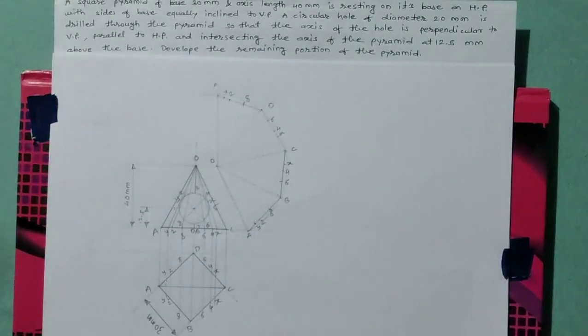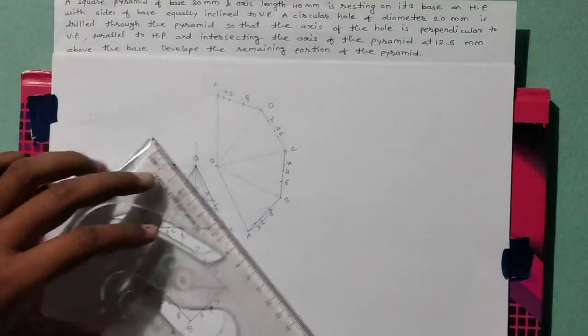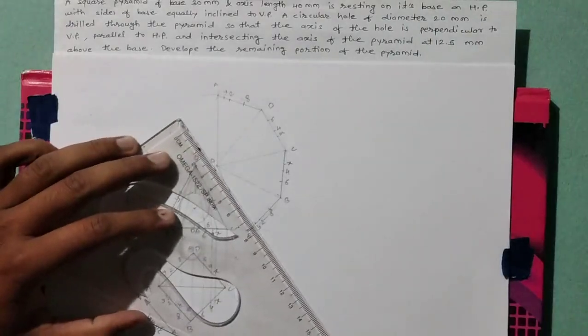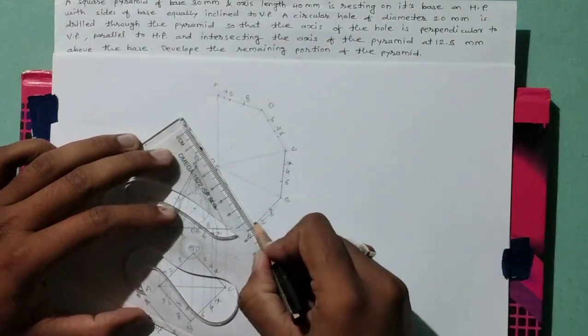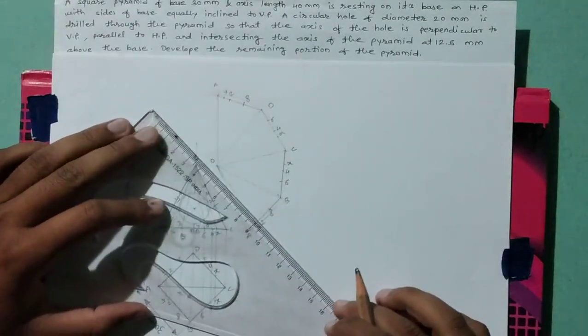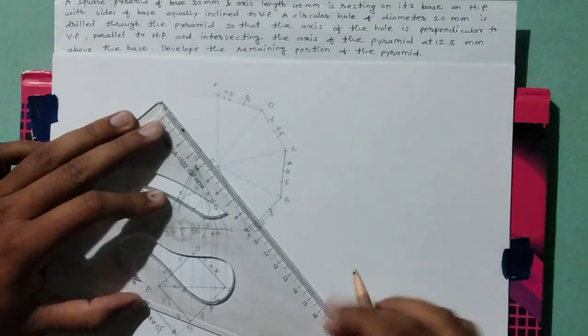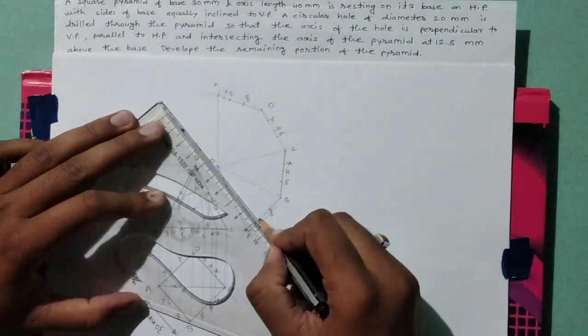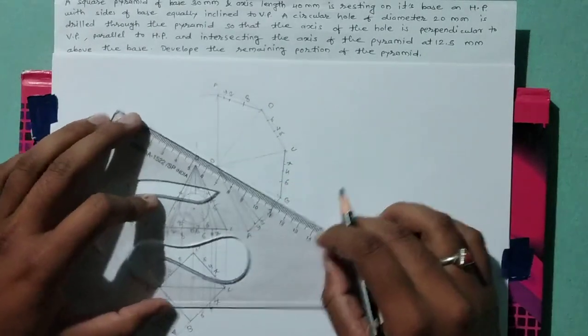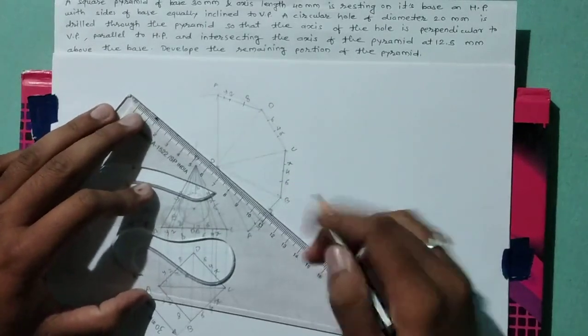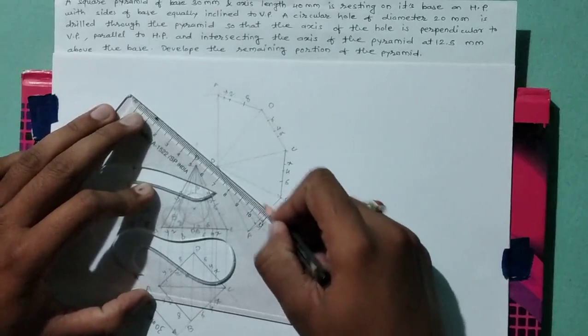After taking all the points, join all the points towards point O. Draw all the projection lines. From 8 we are drawing the projection from point 8.